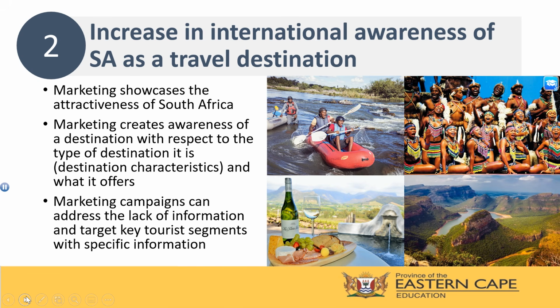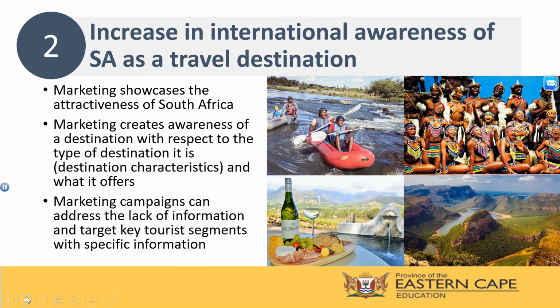And marketing then creates an awareness of a destination with respect to the type of destination. Now, this is a new term that we have here on the screen in front of you, destination characteristics. Now, destination characteristics refers specifically to the type of destination, so what it has to offer.